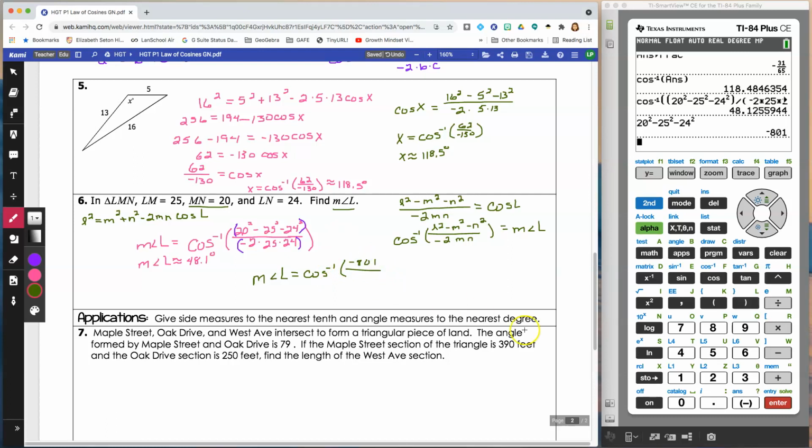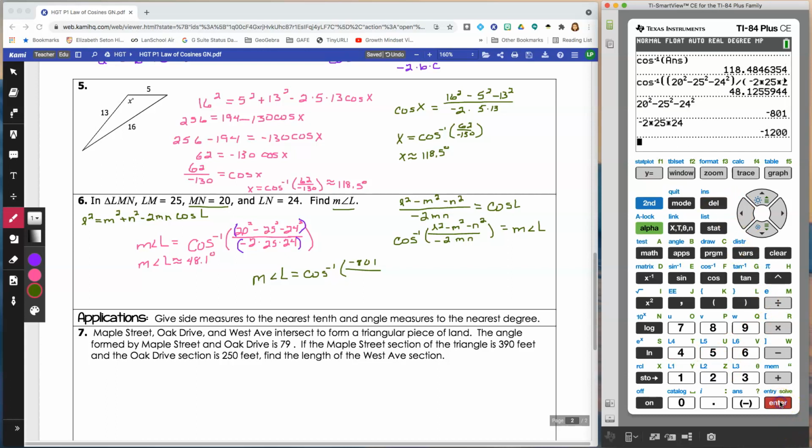And then simplify that denominator, negative 2 times 25 times 24: negative 1200.